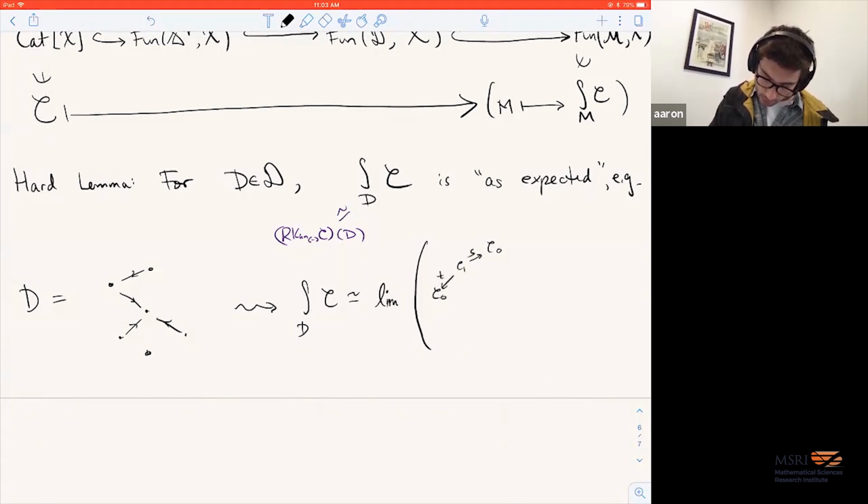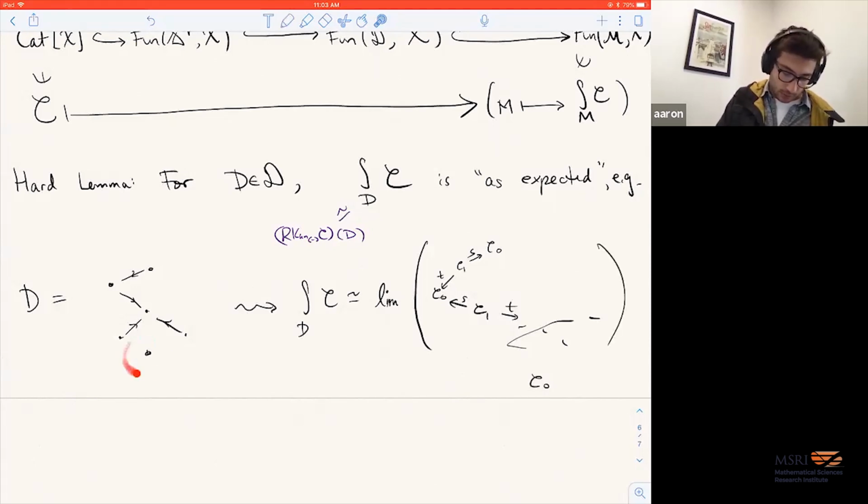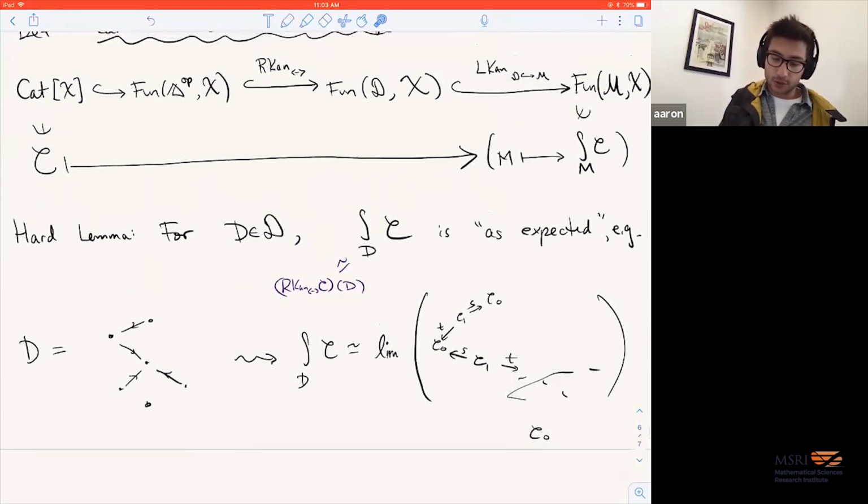So the source and target morphisms look like that because of the orientation in that direction. Okay, I'll not finish this. There's a disjoint copy of C0 right here. That was what I was trying to indicate with this dot right here. All in all, if you're taking factorization homology of a disk stratified object, then you're just labeling its dots by objects and its edges by morphisms.